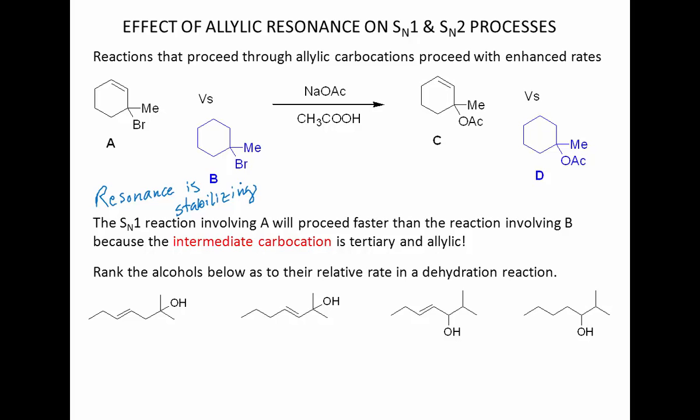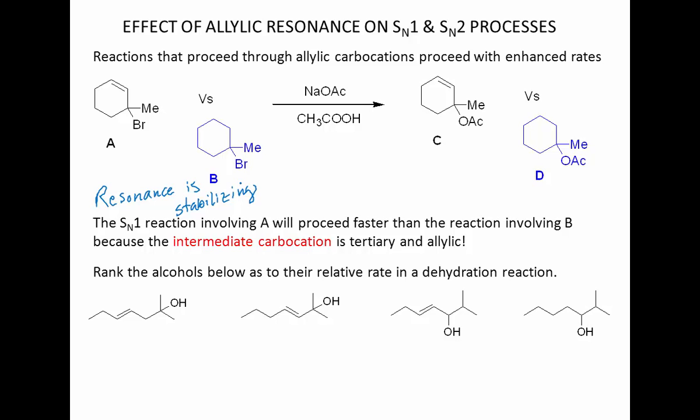Okay, this relative rate in this case is totally due to the relative stability of the carbocation intermediates that you're going to get. Remember, you're going to protonate the alcohol and lose water and leave behind a carbocation at whatever position the alcohol is attached to.